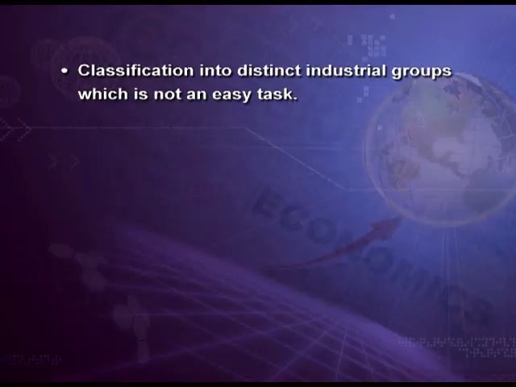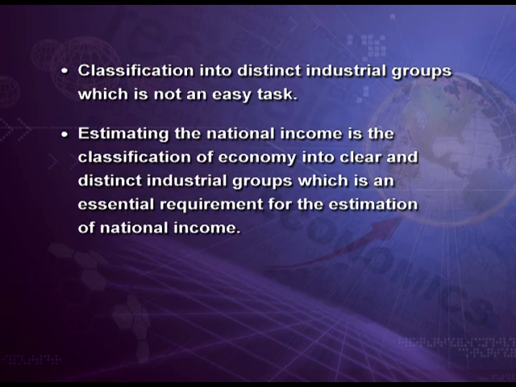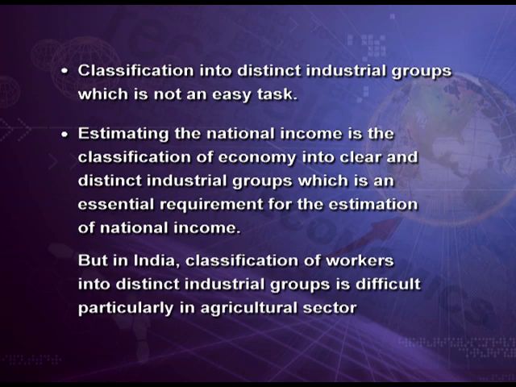The second problem, under the conceptual head, is classification into distinct industrial groups, which is not an easy task. The next problem in estimating national income is the classification of the economy into clear and distinct industrial groups, which is an essential requirement for the estimation of national income. But in India, classification of workers into distinct industrial groups is difficult, particularly in the agricultural sector.